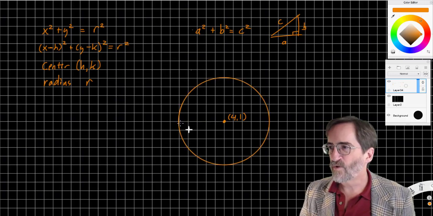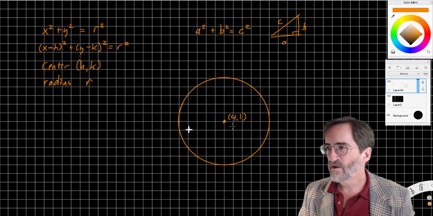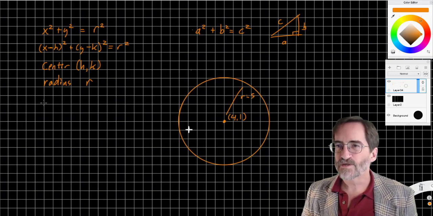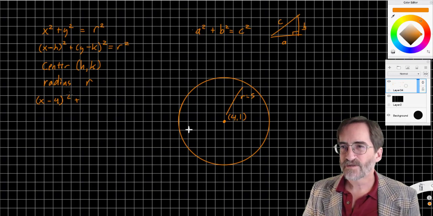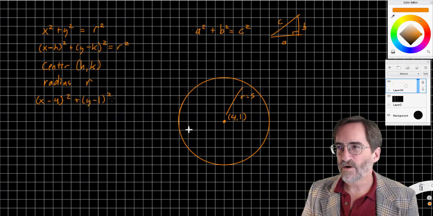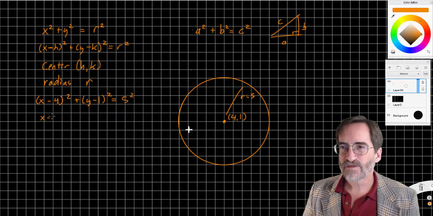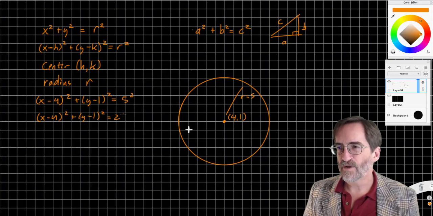So I want the equation of this circle. The radius is 5, so the equation of the circle would be x minus 4 squared plus y minus 1 squared equals 5 squared, or x minus 4 squared plus y minus 1 squared equals 25.